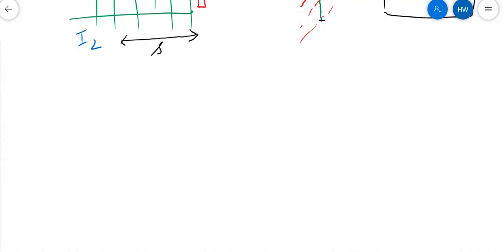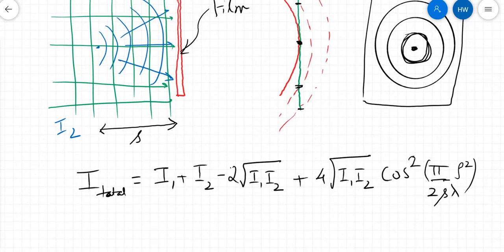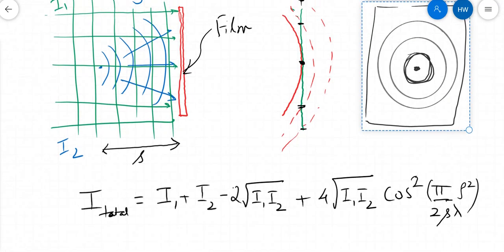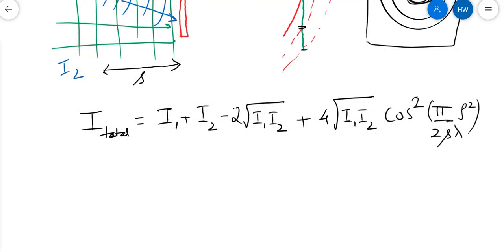So I total is pi over 2 S lambda, where lambda is the wavelength, times rho square, where rho is the radial distance on the screen from the center, right?